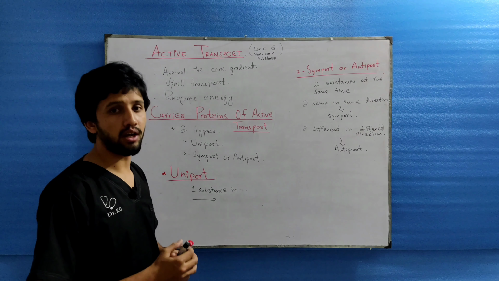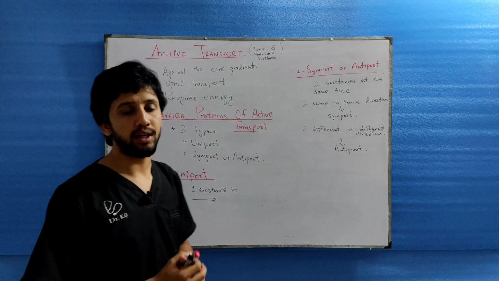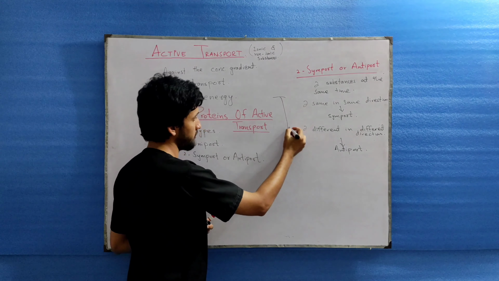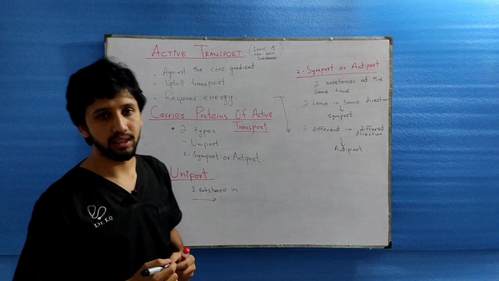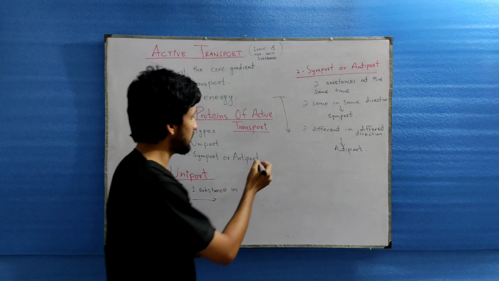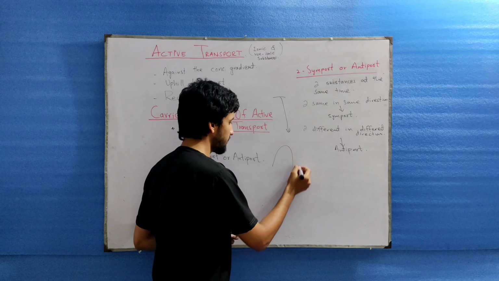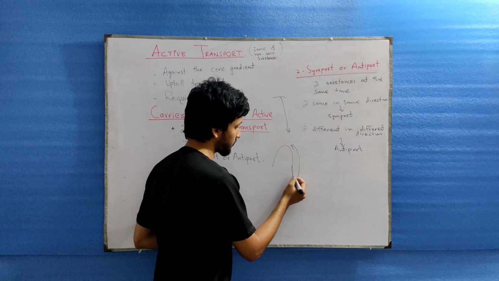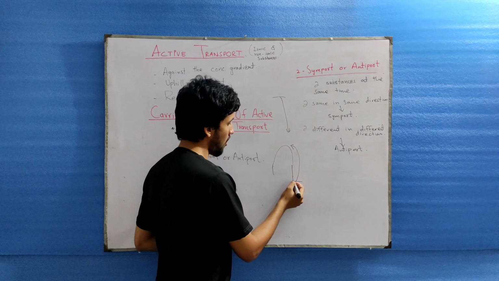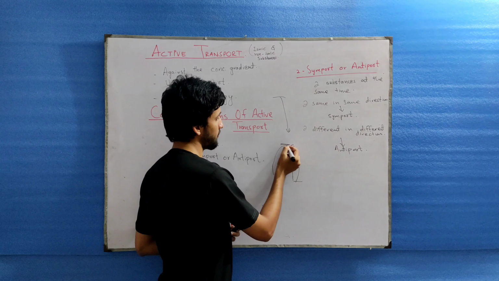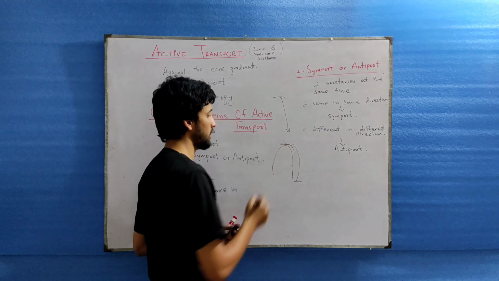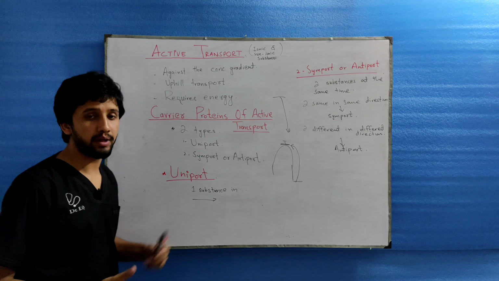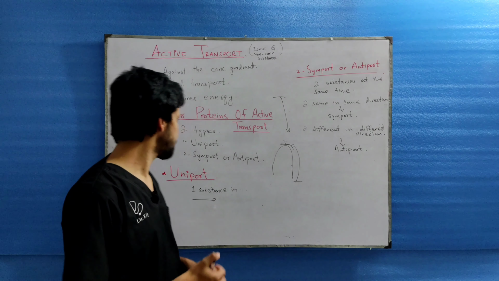The second point is the uphill movement. It is not like the movement from the top to the bottom that does not require any energy. So it is against the concentration gradient, that is moving from the lower portion of a hill upward to the top of the hill. So it is called uphill transport or uphill movement of the molecules.